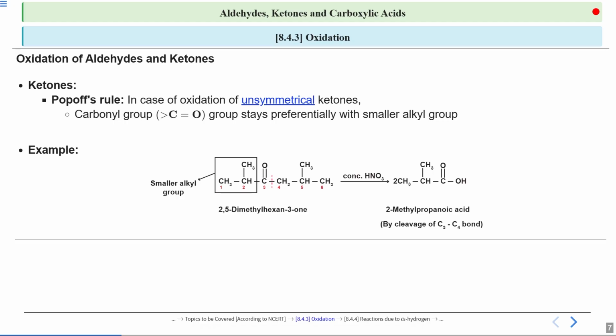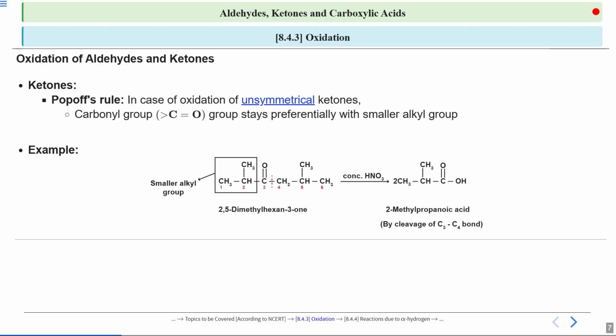So when you treat it with HNO3, which is a strong oxidizing agent, which bond will you cleave? Can you decide? Remember that the carbonyl group will stay with the smaller alkyl group. Looking at this ketone, the right side group has 3 carbon atoms, which is the smaller alkyl group. So the carbonyl group will prefer to stay with it.